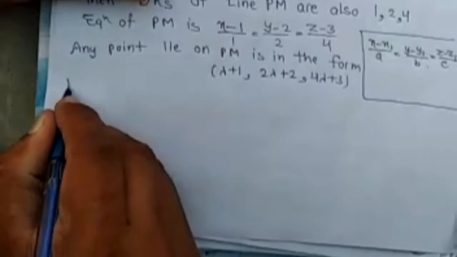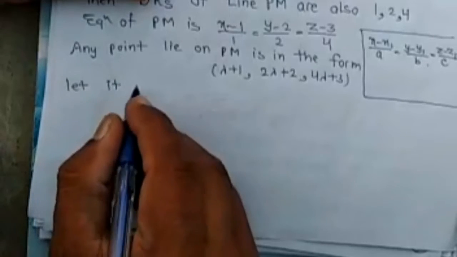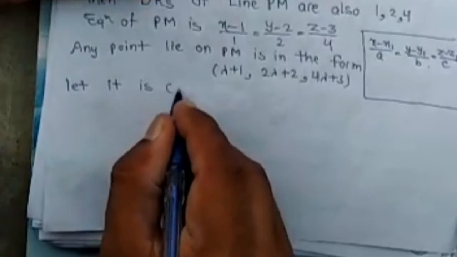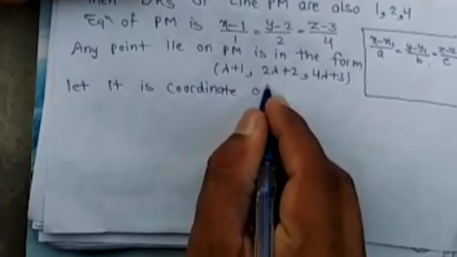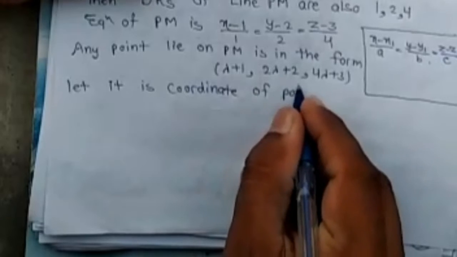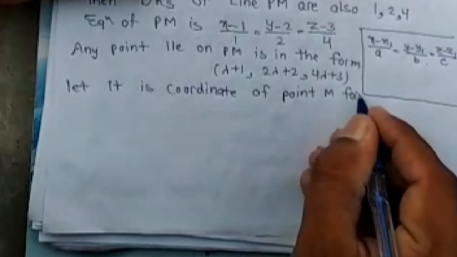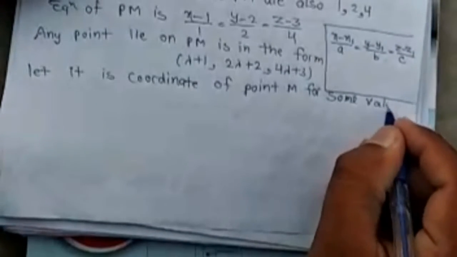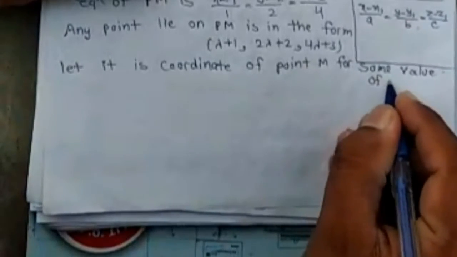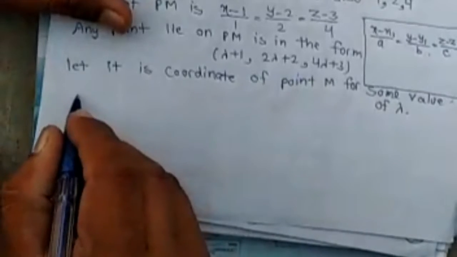Let it be the coordinate of point M for some value of lambda.